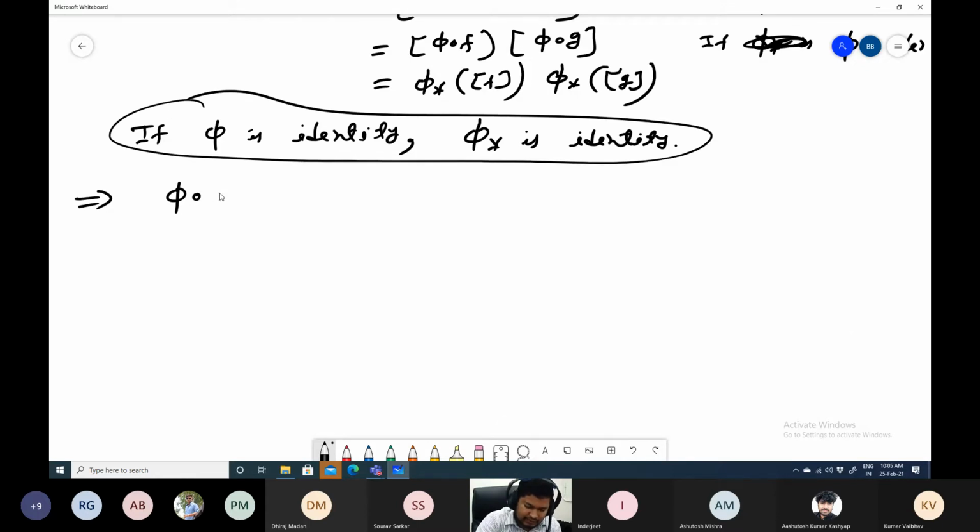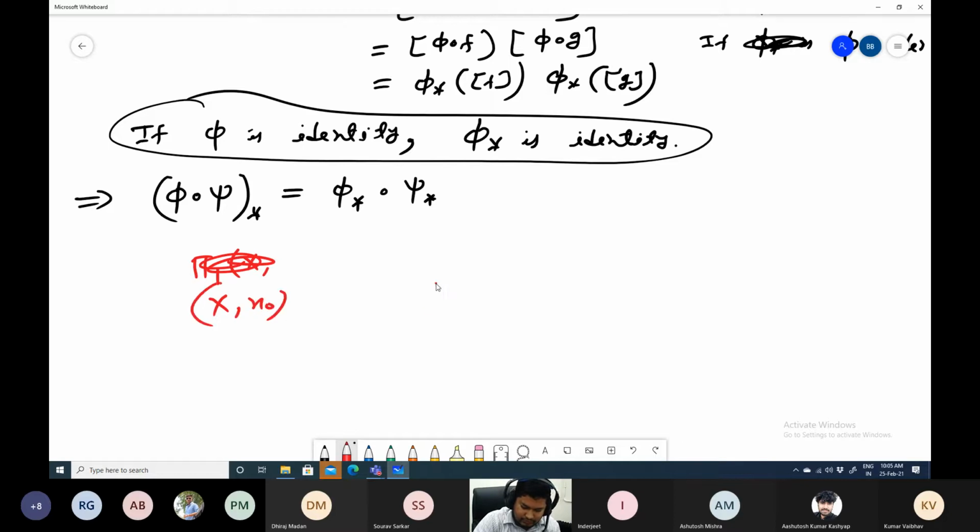Another observation is that if you take phi compose psi and star, you can say that this is phi star compose psi star. So here pi1 of (x, x0), (y, y0), (z, z0).